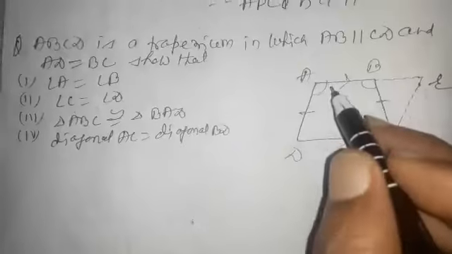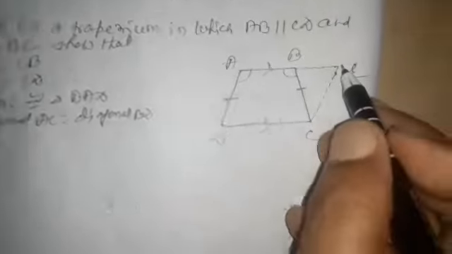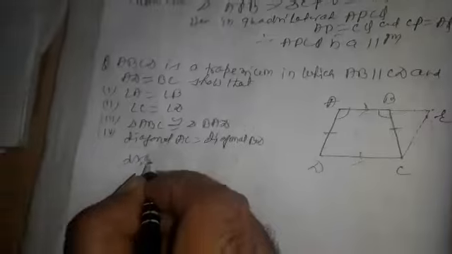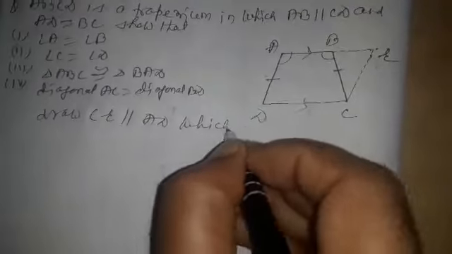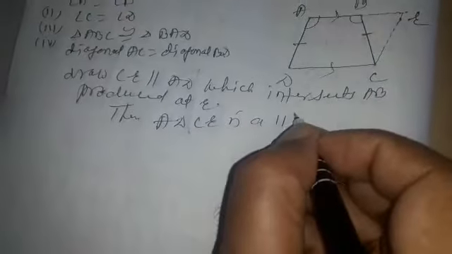So we draw CE parallel to AD. We draw a line segment CE parallel to AD which intersects AB produced at E. Now, then ADCE is a parallelogram.